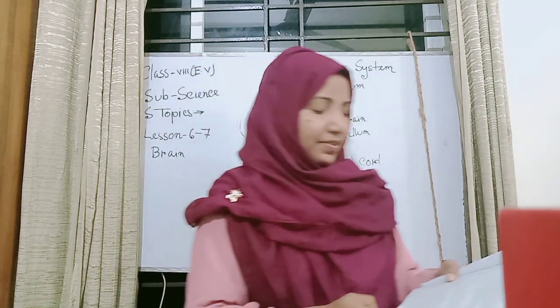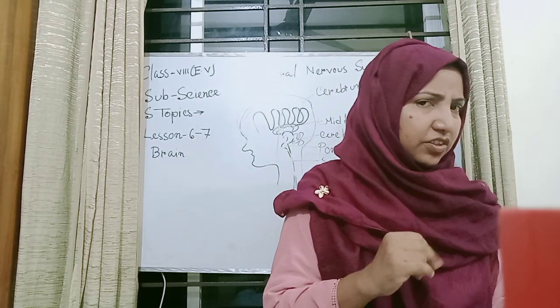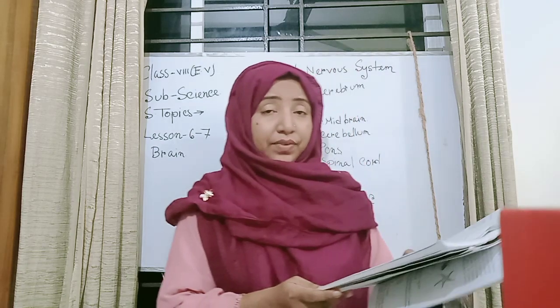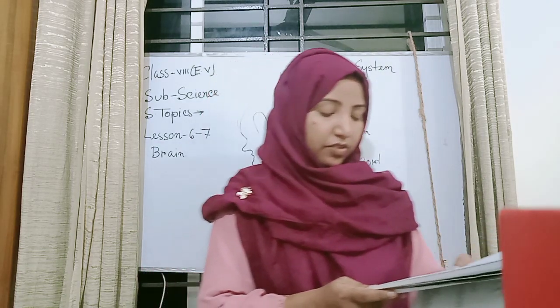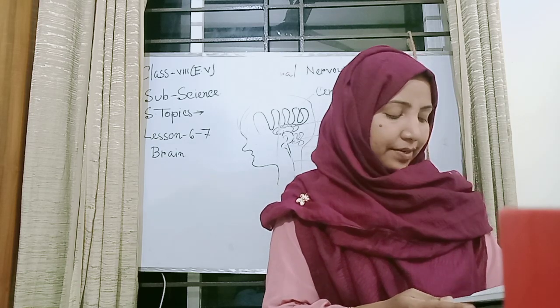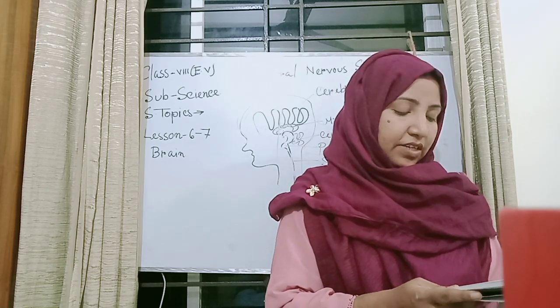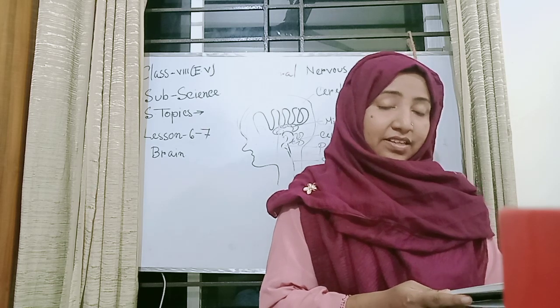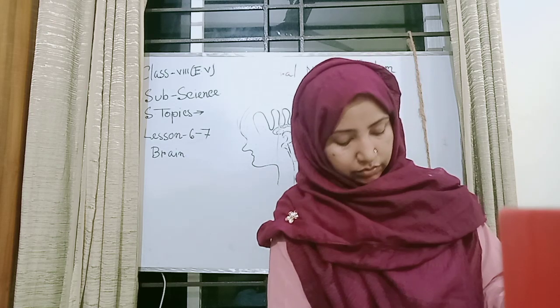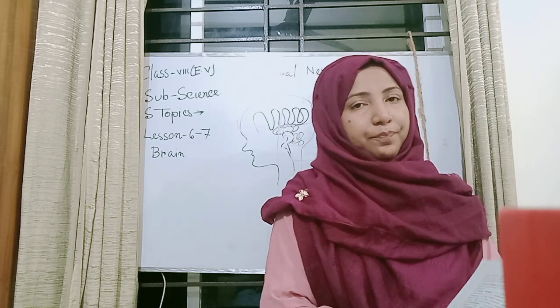My dear students, the cerebrum is the main part of the human brain. Again, I repeat: vision, hearing, smell, thinking, memory, knowledge, conscience, intelligence, and movement of muscles are controlled by these nerve centers.